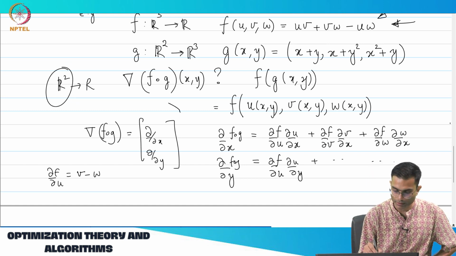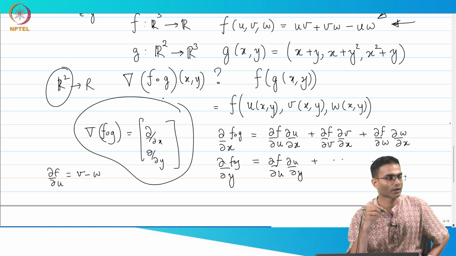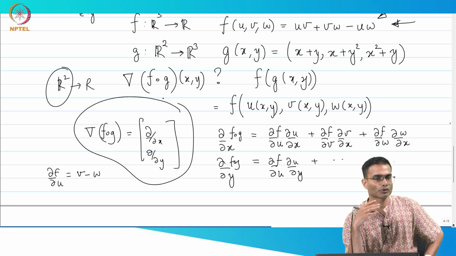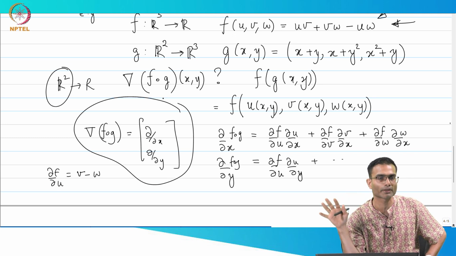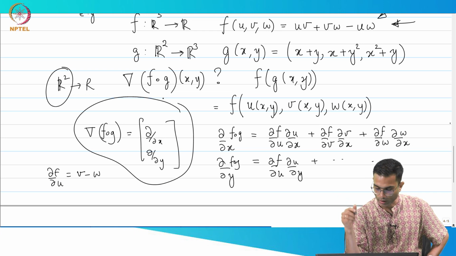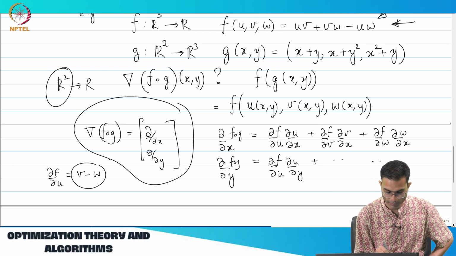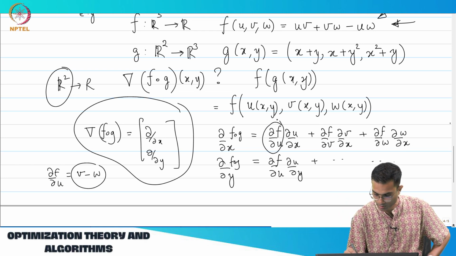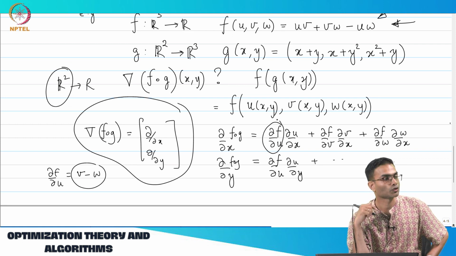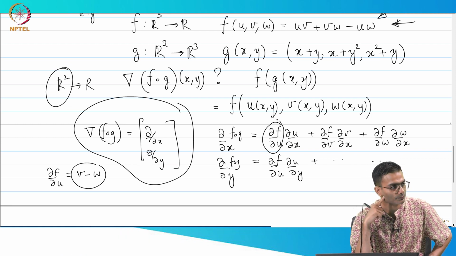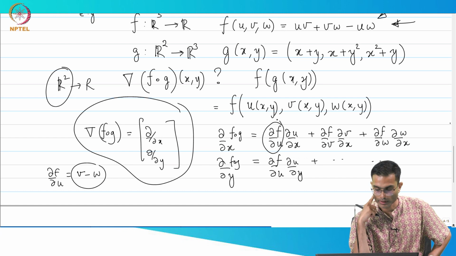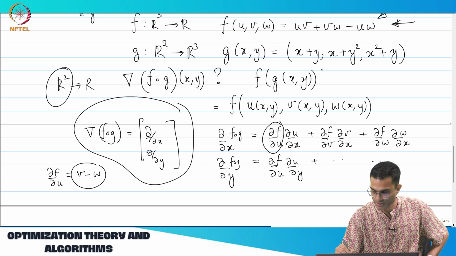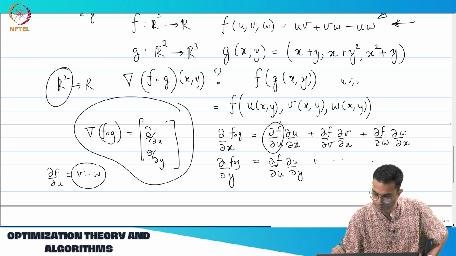So finally, when I give you this gradient, all the u, v and w should be gone. I should have the expression only in terms of x and y. So I can't just leave v minus w in this expression. What should I do? I substitute. So what is v? These are sitting over here.